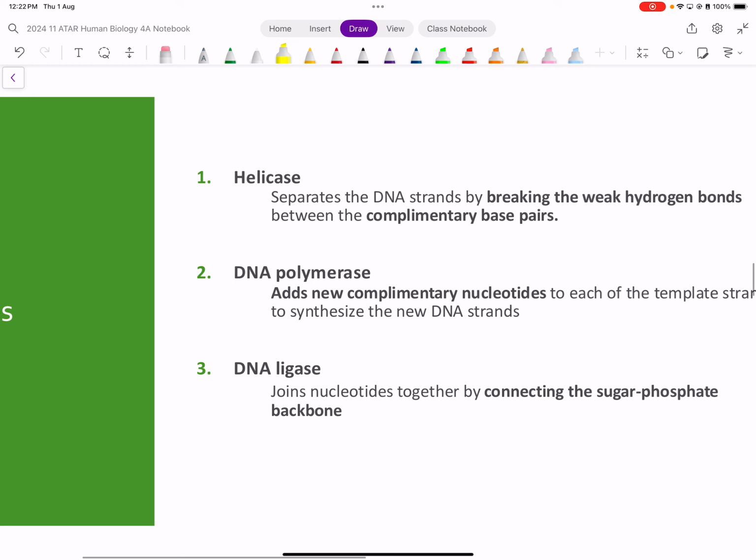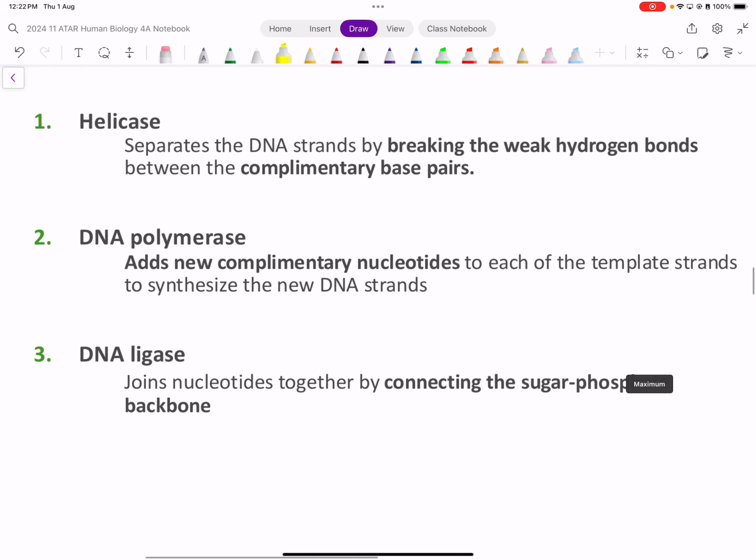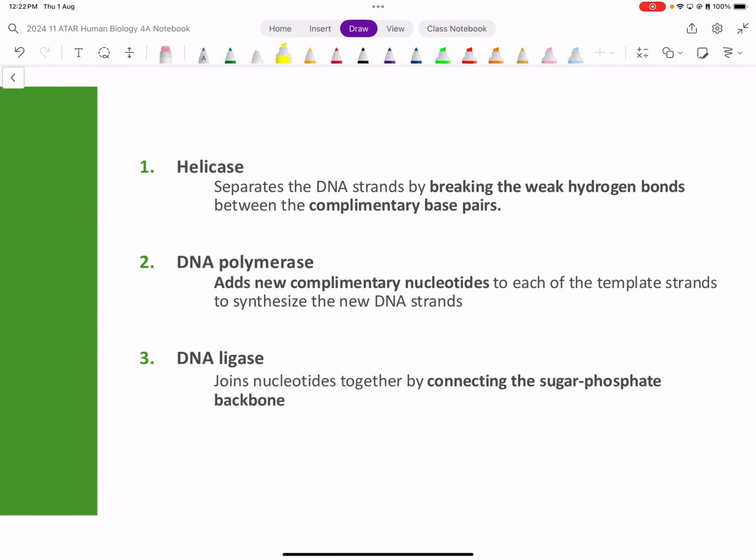Here are our three key enzymes for today. I mentioned them on our post-it note. These are the really essential ones that I need you to know. So let me zoom in right here. Number one, helicase. We spoke about helicase the other day when we looked at the process of transcription.